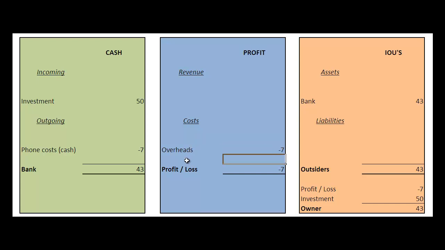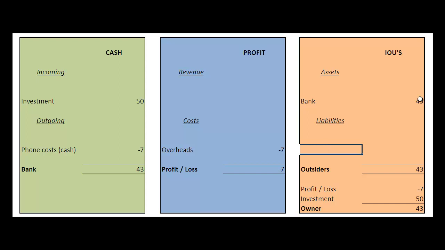An overhead is a cost that doesn't directly affect the sales. So if you sell one more hat, the overheads don't directly change, they're more constant. So we've got phone costs of £7. At this stage, there are no liabilities for the telephone cost because it's been in cash, so that remains unchanged.